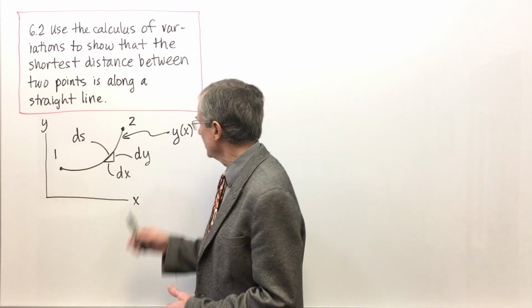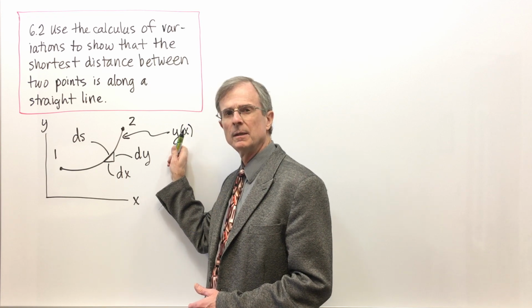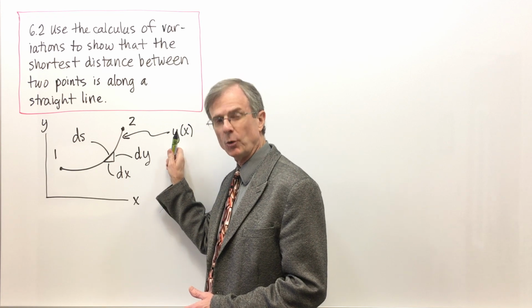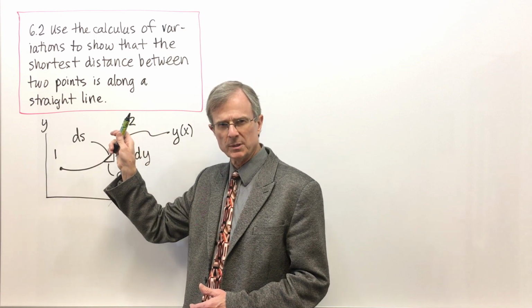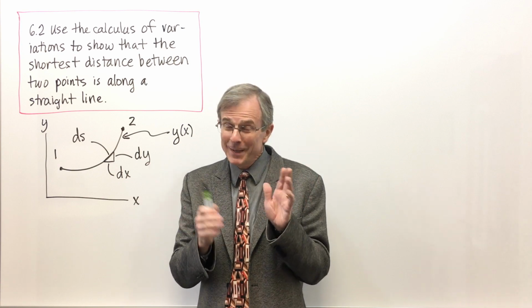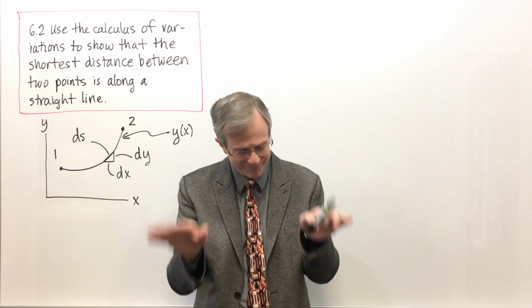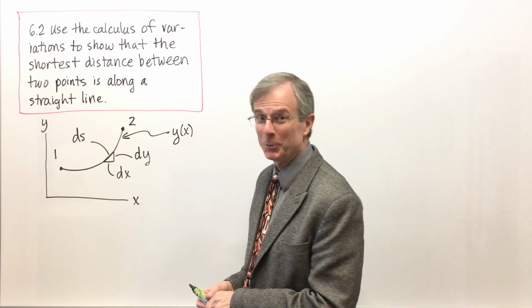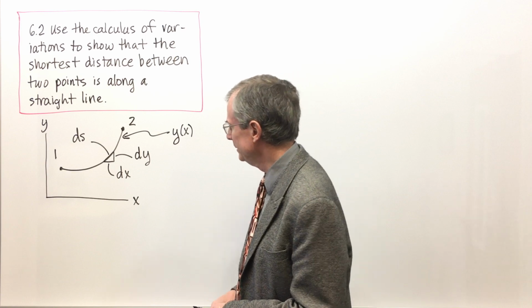And I'm going to ask what y of x must look like in order to minimize the distance between those 2 points. And you would say, well, Dr. Edwards, y of x equals mx plus b. And I would say, very good. You're right. Prove it.